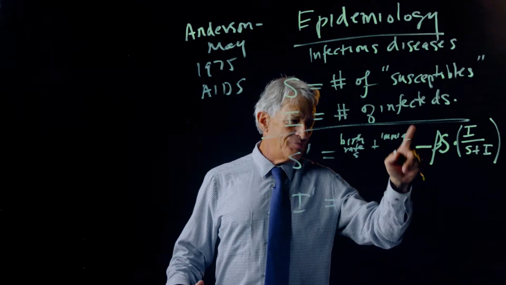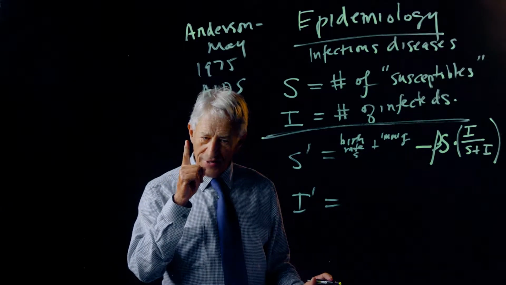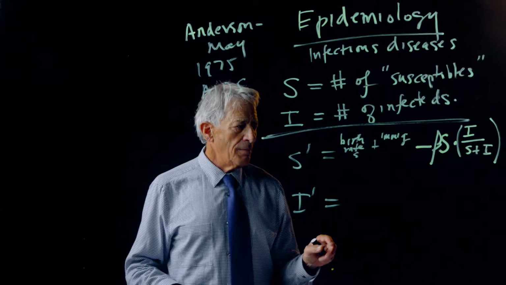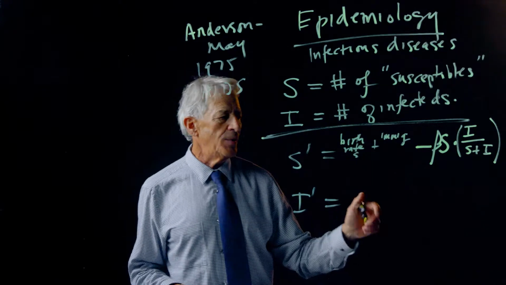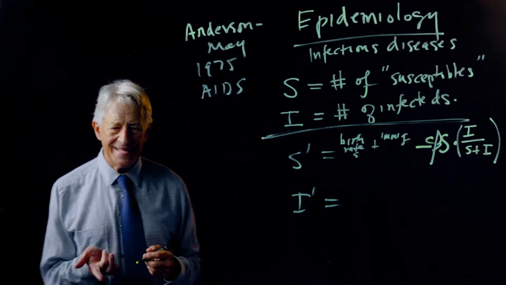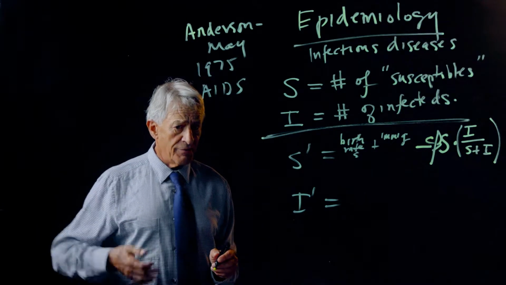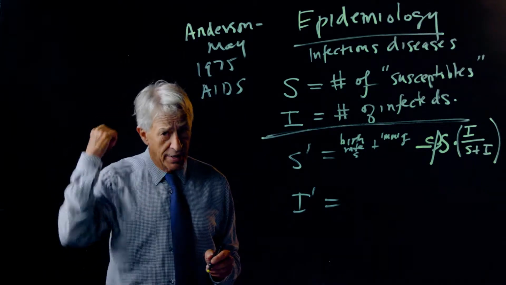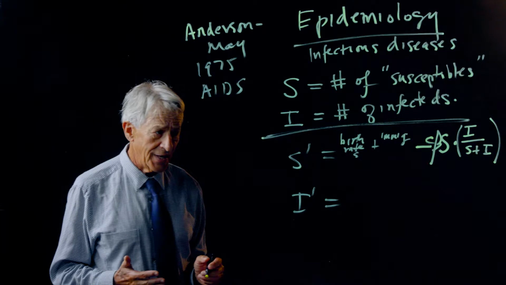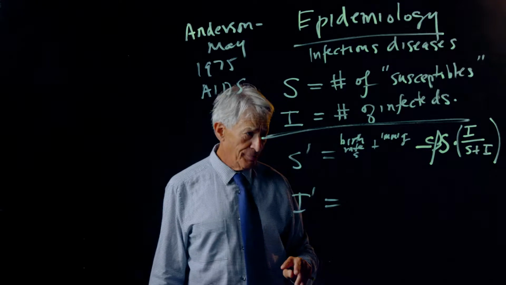So that quantity is beta S I over S plus I. That's for a single encounter, in this case, a sexual encounter. But you may have more than one sex partner, and so we have to multiply that by C, which is the number of times that you roll the dice. If you roll the dice with a certain probability, and you roll the dice twice, the probability is twice as great of getting a given outcome. So we have the minus term.